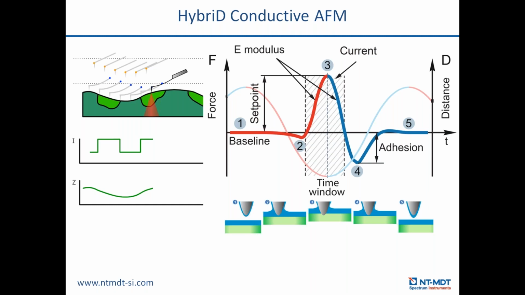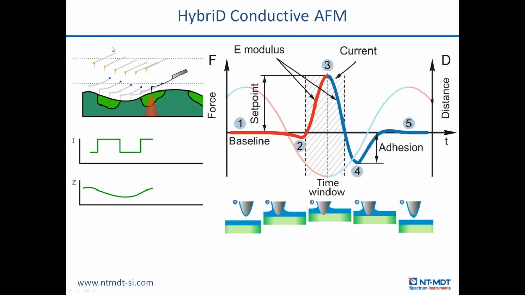In hybrid mode, the tip traveling along the surface gets out of contact at every point. So we really decrease the lateral interaction between the tip and the sample, and thus we can protect our sample from being changed by the probe.